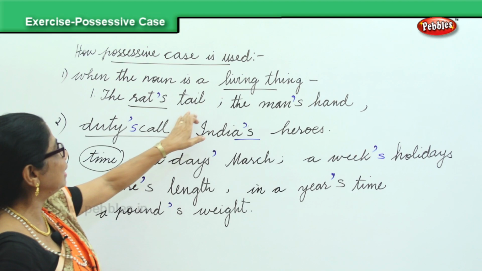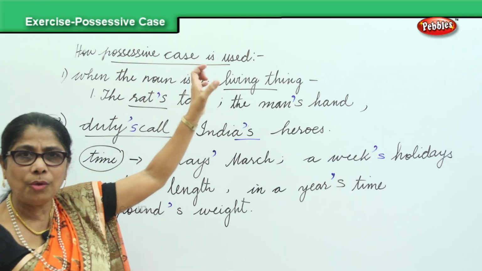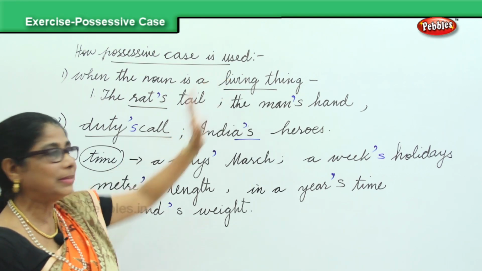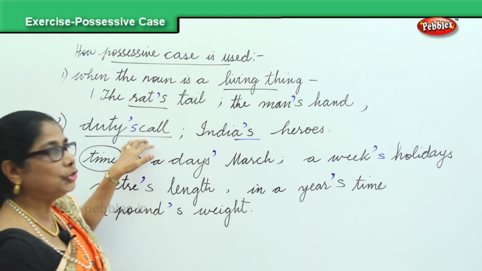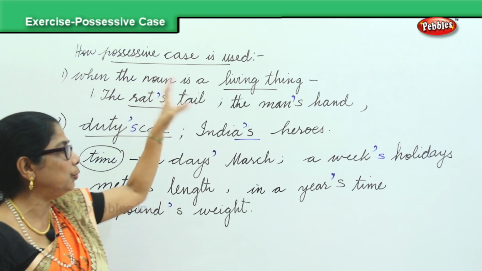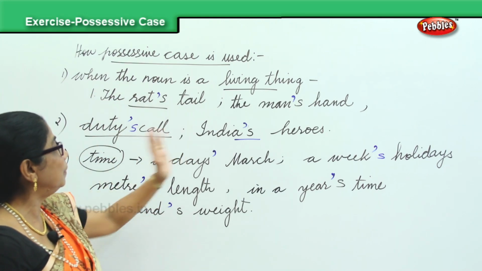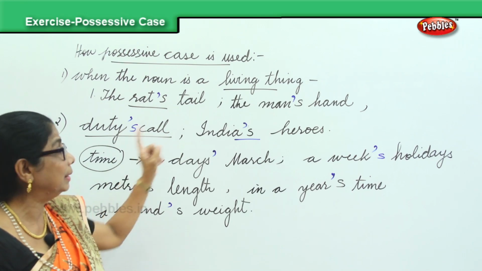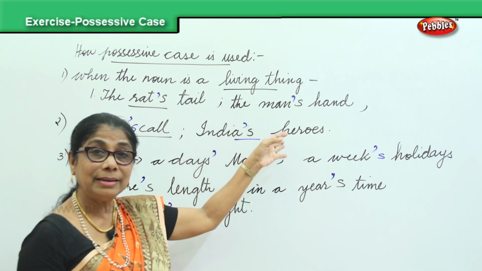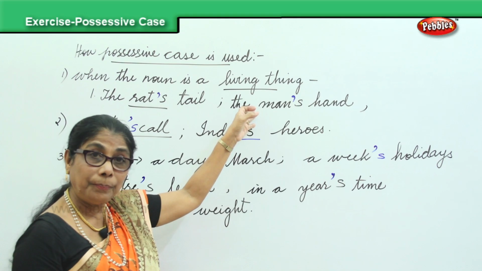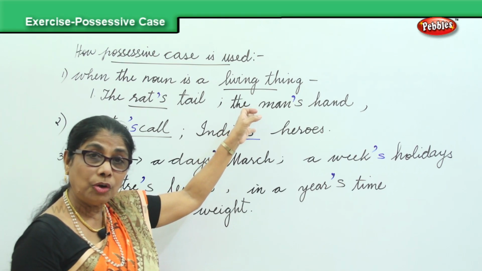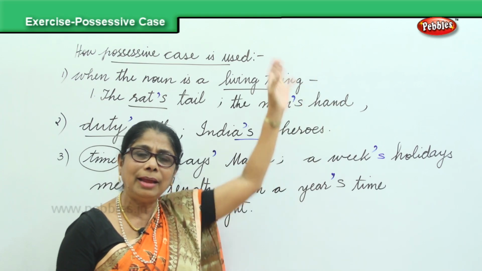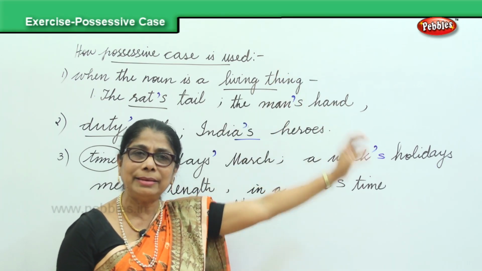In the first case is the living thing, so the noun followed by apostrophe and followed by S. In the second case, when it personifies, when we are talking about your duty or about India, you put the apostrophe followed by S. Again, India's heroes, England's children.